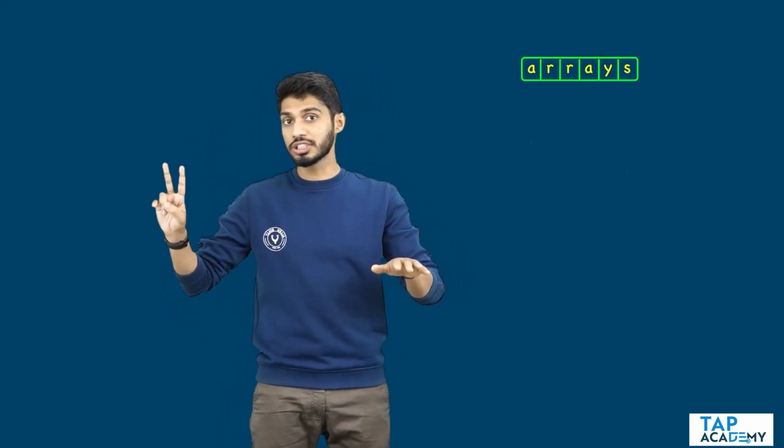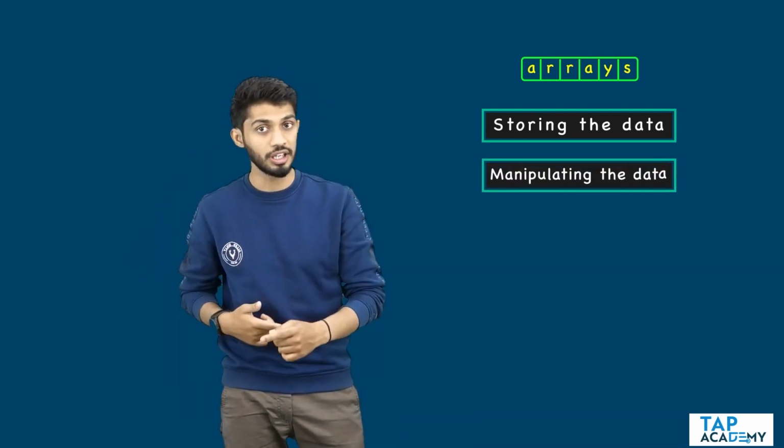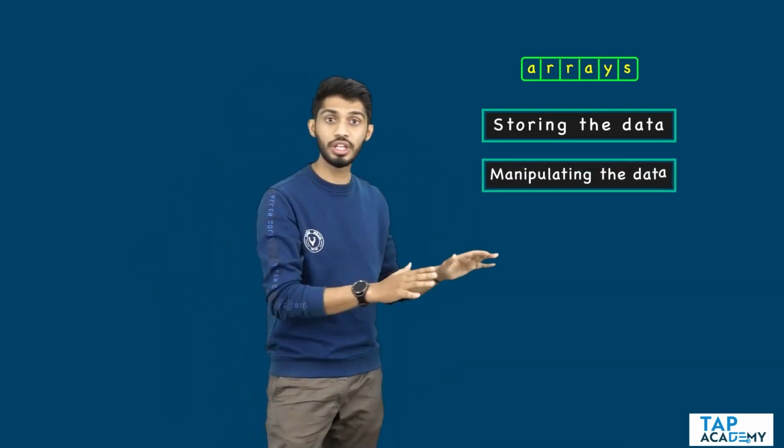By writing some set of instructions like for, if and all of these things. And you will be using a data structure, maybe an array or a string or maybe an array list or anything as such. You already know that there are two things that you are doing: one is storing the data and the other one is manipulating the data. Now let's focus on storing the data.